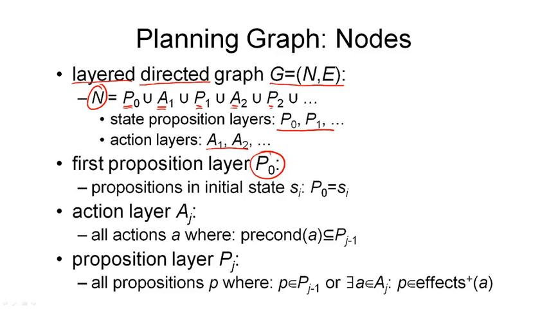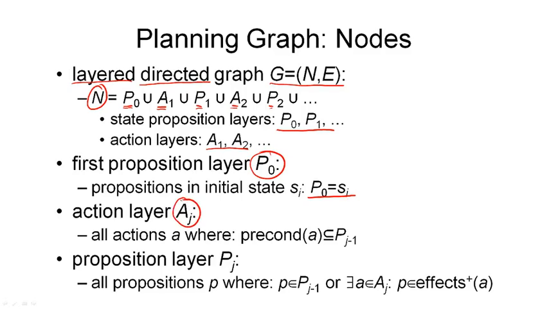In the first proposition layer, we have a node for each proposition that was true in the initial state. So Si, our initial state, is a set of proposition symbols, and in P0 we have a node for each of these proposition symbols. And given this definition of P0, we can now define what nodes we find in the action layer Aj.